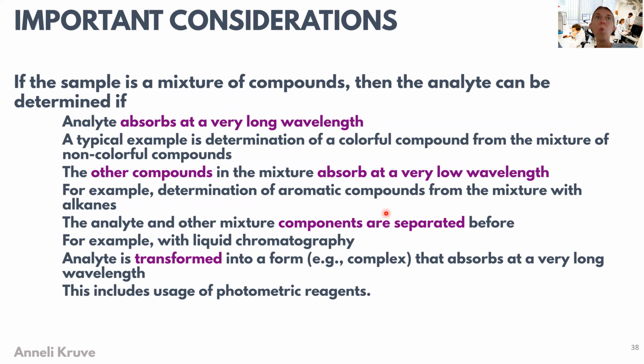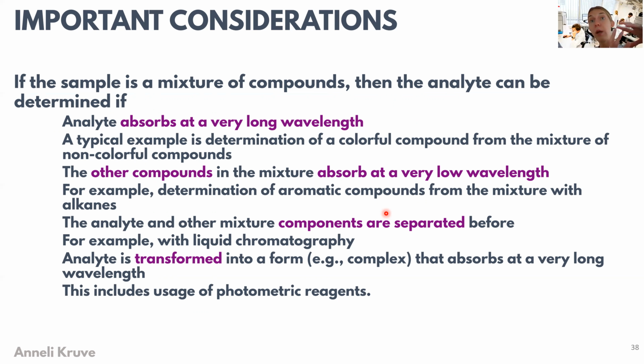So what can be done is that quantitative analysis can be performed very nicely with ultraviolet-visible spectroscopy if the analytes absorb at very long wavelengths, because then the probability of other compounds absorbing at the same wavelength is reduced.